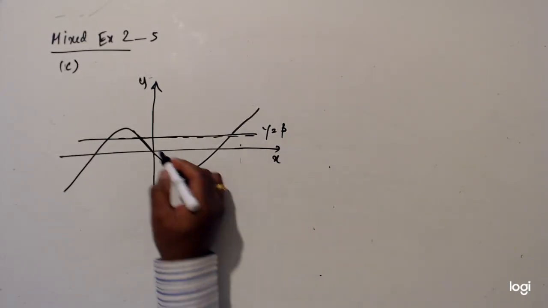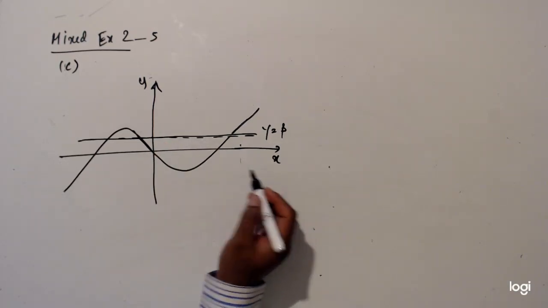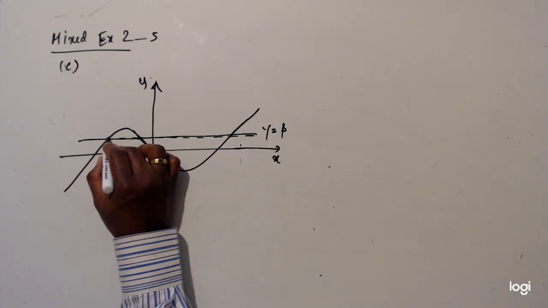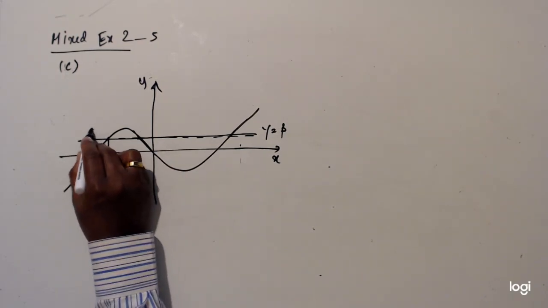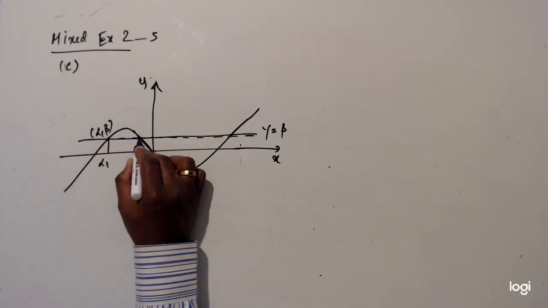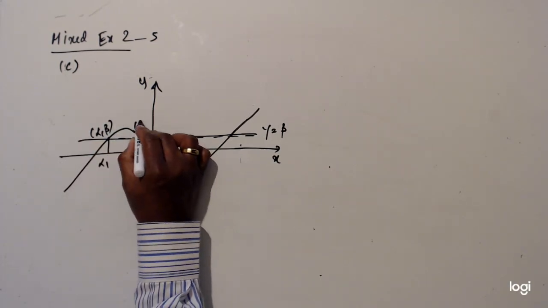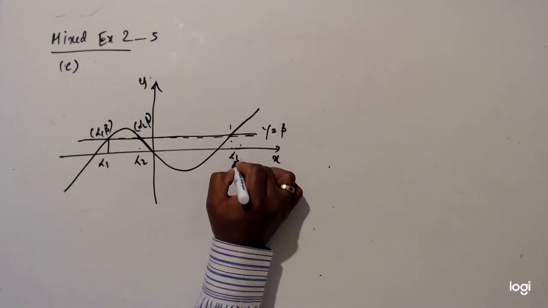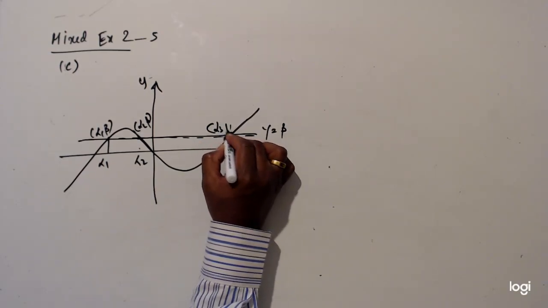Y equal beta line. So we can see that for same beta, there are three different alphas. So this is alpha 1 beta, this is alpha 2 beta, and this is alpha 3 beta.